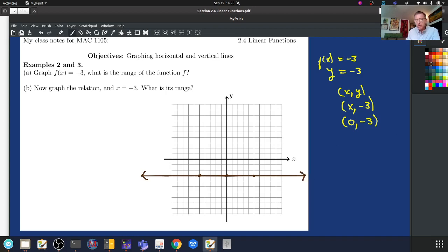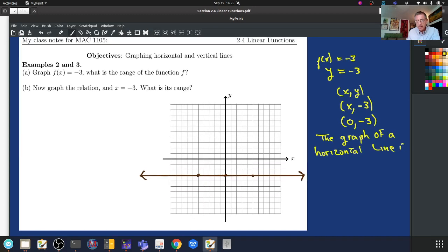So if you want to take a note over here, the graph of a horizontal line is equivalent to, I'm going to give you both notations.